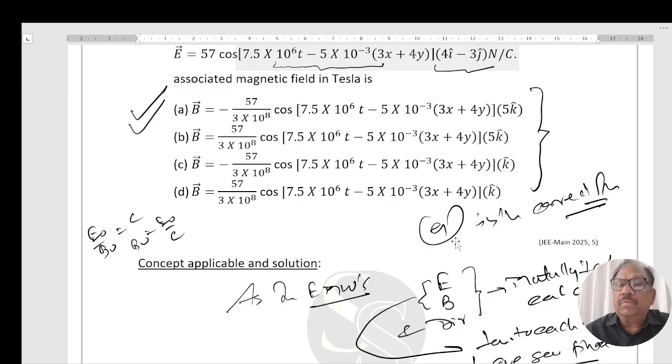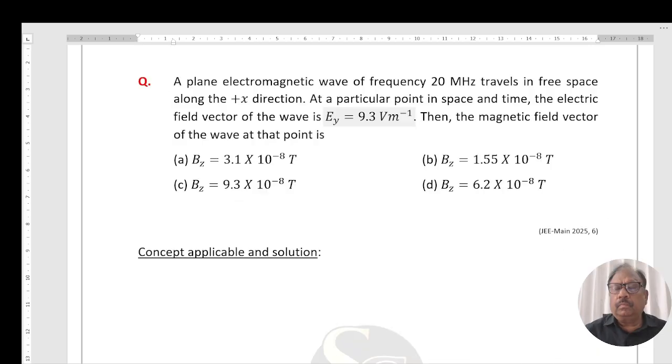Right. Next question. Question is, a plane electromagnetic wave of frequency 20 megahertz travels in free space along the positive direction of x-axis. At a particular point in space and time, the electric field vector of the wave is Ey, that is 9.3 volt per meter. Then the magnetic field vector of the wave at the point is.